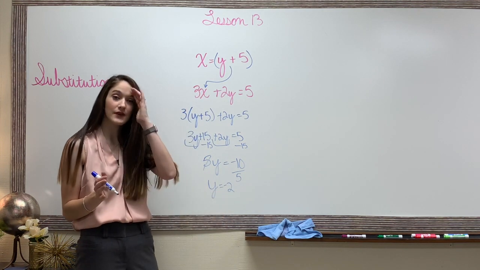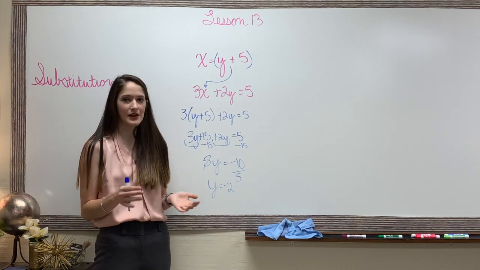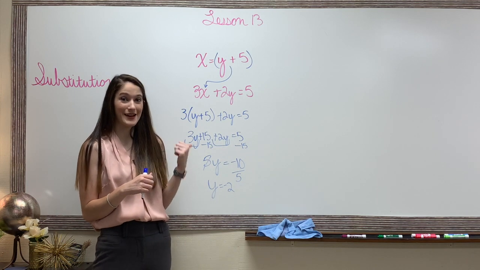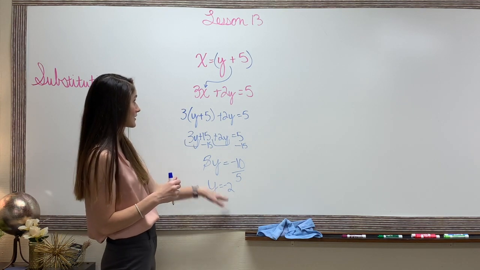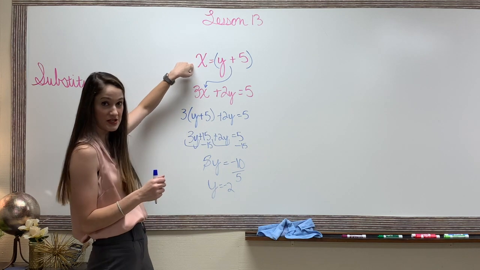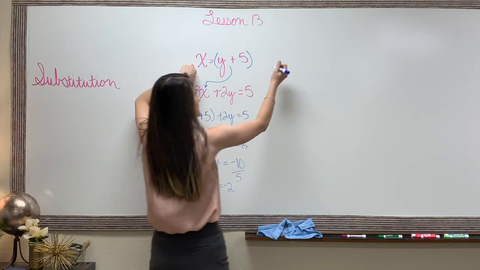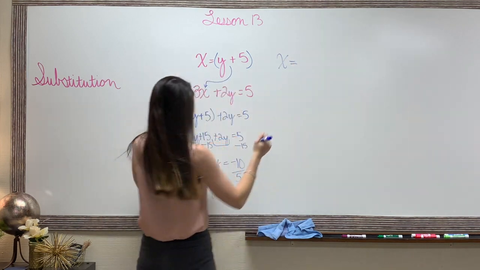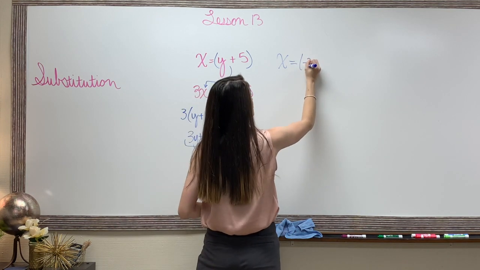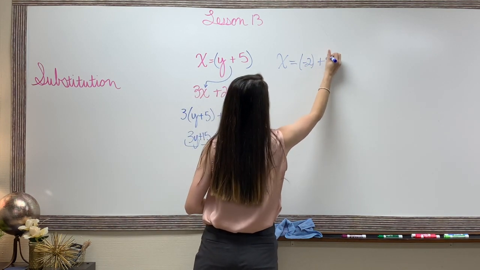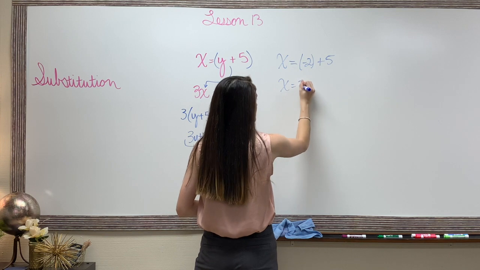Okay, so we found out what y is, but we're only halfway done. We still have to find out what x is. So I'm going to take this value and plug it back into my first equation and solve for x. So x equals negative 2 plus 5. So x equals 3.